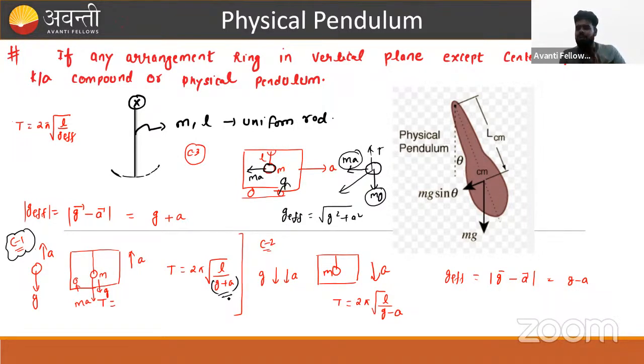If we consider the second case, where the lift is accelerating downward with acceleration a, where is the pseudo force acting? In the upward direction. What is the net force? One is mg, another is ma. So what is the net acceleration? That corresponds to g effective equal to g minus a, and that is the third case. I hope this is clear. And by applying this concept, you can solve any problem where the concept of g effective is involved.